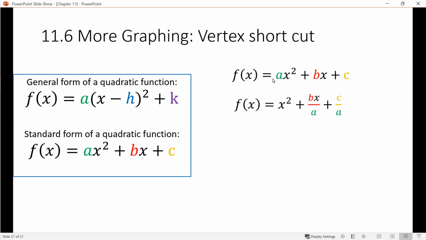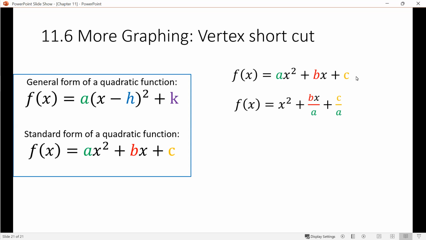So if we have coefficients a, b, and c, and I want to complete the square here, then I know my constant term needs to be this term here divided by 2 and then squared. But if you have a coefficient outside of the x squared, remember when completing the square, you first have to have a 1 for the coefficient out here.